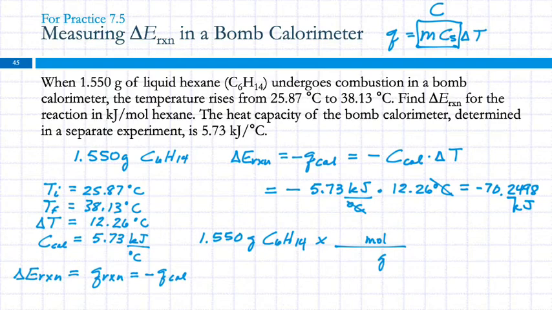Okay, so 6 times 12.01 plus 14 times 1.008 is the molar mass of hexane. I think I said benzene earlier. Just disregard that. It's whatever the problem says. So 1.550 divided by the molar mass.